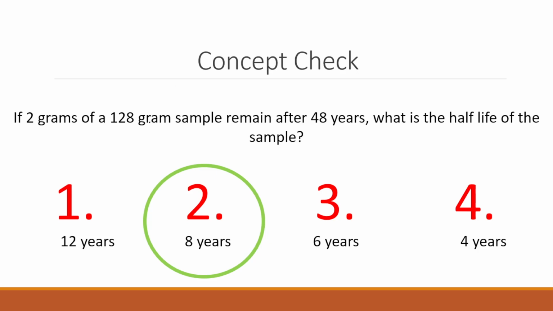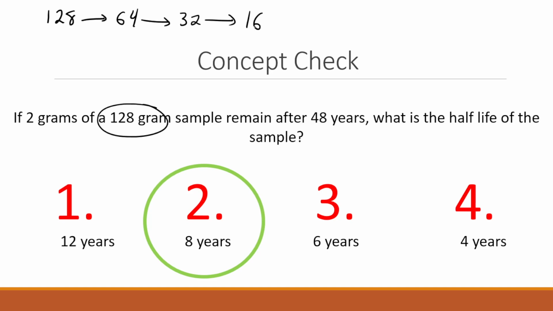First, we say if we had 128 to start with, and we ended at 2, right, we're going to cut this in half until we reach 2. 64, 32, 16, 8, 4, 2. Right? Cutting it in half each time. Each one of these arrows represents one half-life. So we have 1, 2, 3, 4, 5, 6 half-lives.